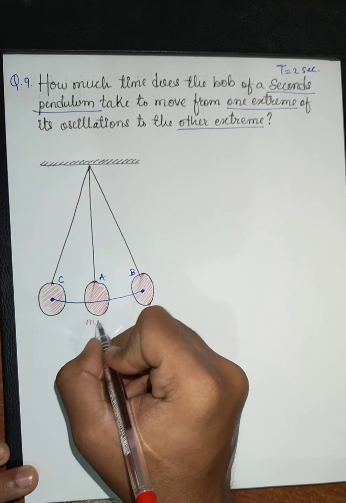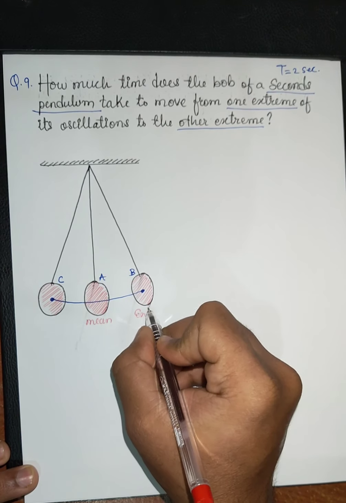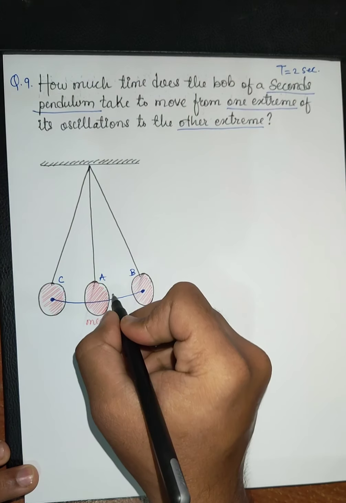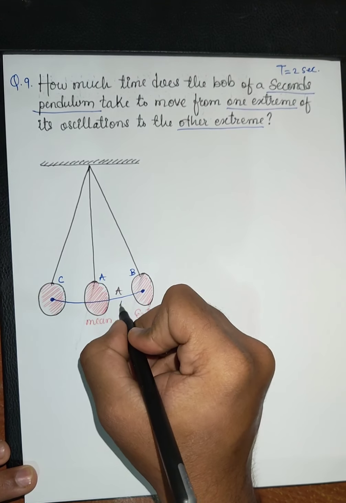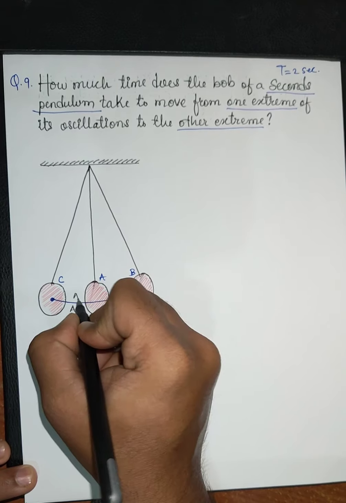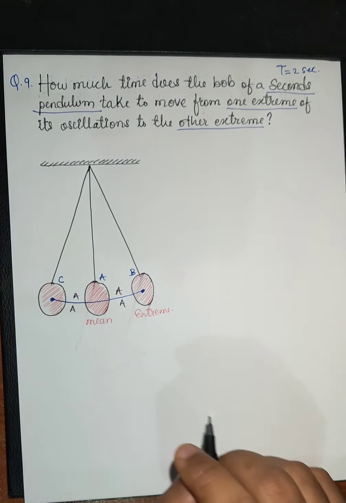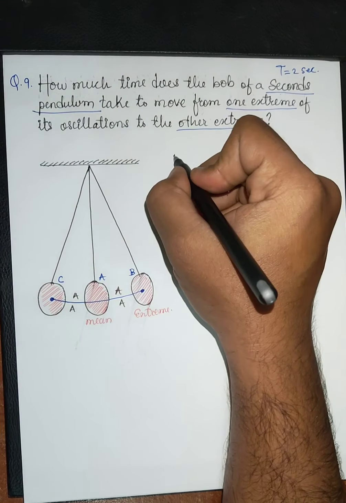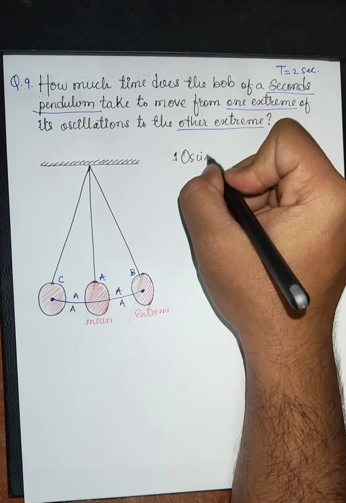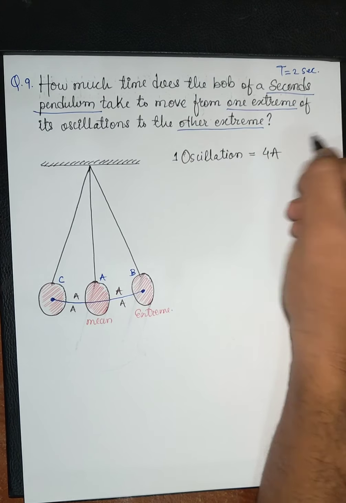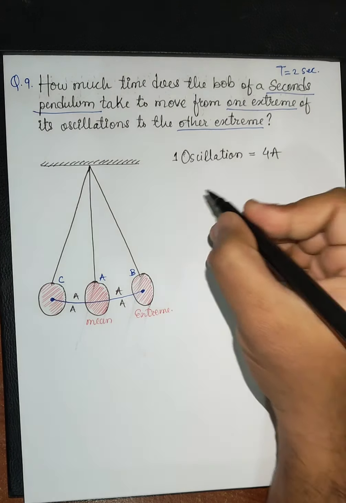We know that this is the mean position, this is the extreme position, and we have already seen that one oscillation covers this amplitude, this amplitude, this amplitude, this amplitude. That means the total is 4 amplitudes. So one oscillation is equal to 4 times the amplitude.